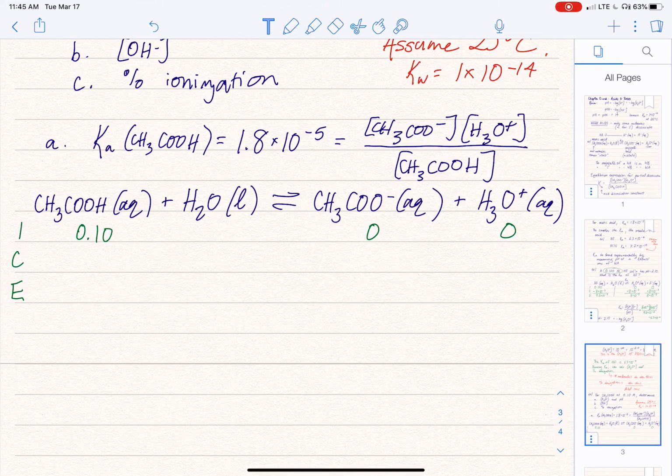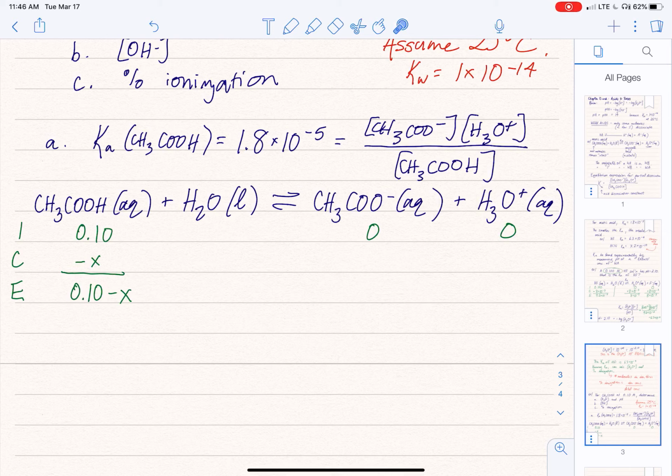We know that we have an initial concentration of 0.10 molar acetic acid. The rest of it is going to be kind of variable at this point because we don't know how much it's going to dissociate. So I'm just going to put as the change minus x because that's an unknown at the moment. We don't know what that dissociation is going to be.